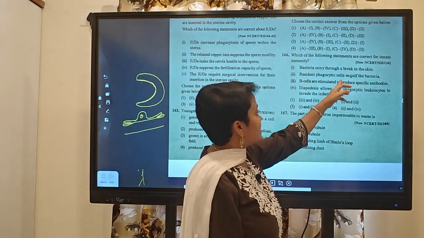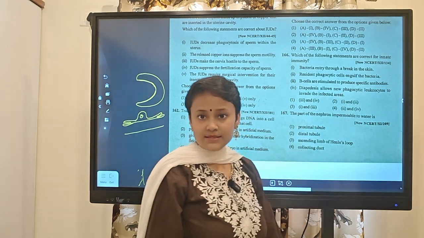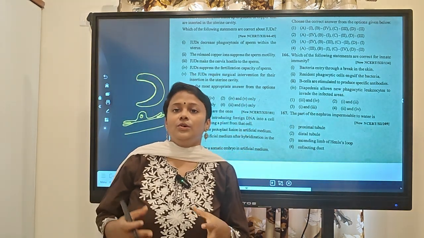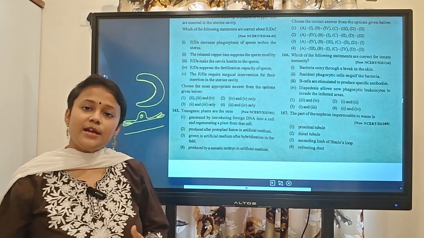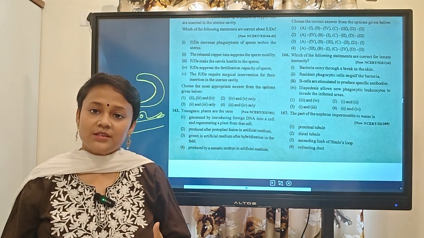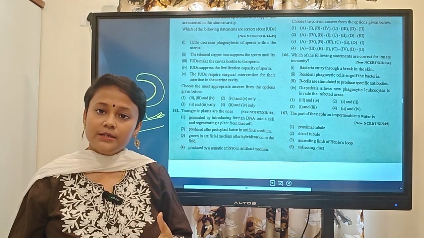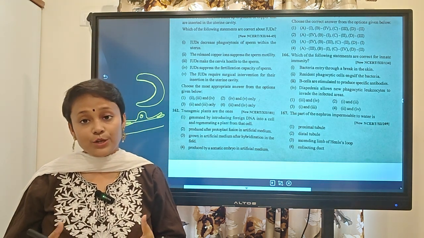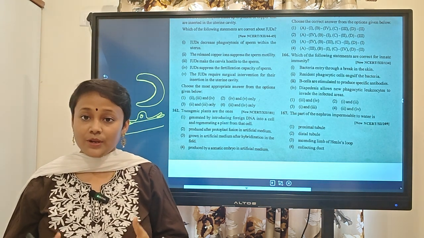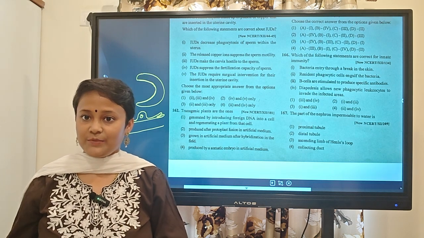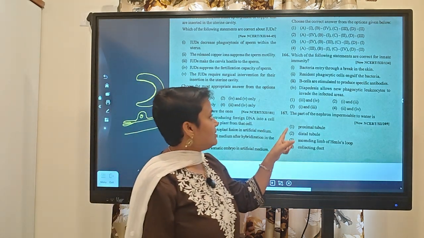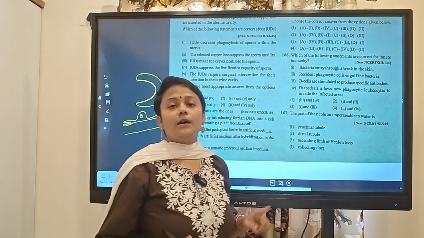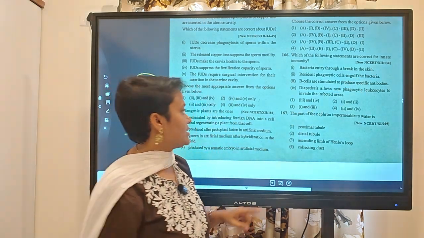Resident phagocytic cells engulf the bacteria. Yes, it will be the answer. Now remember that when the cell does phagocytosis and removes the pathogen, that will come under innate immunity. But if the cell produces some antibodies, it will come under acquired immunity, right? So here, resident phagocytic cells engulf the bacteria will come under innate immunity.